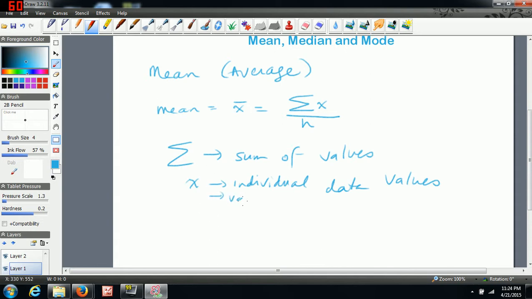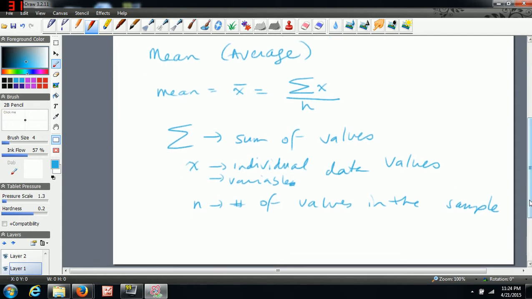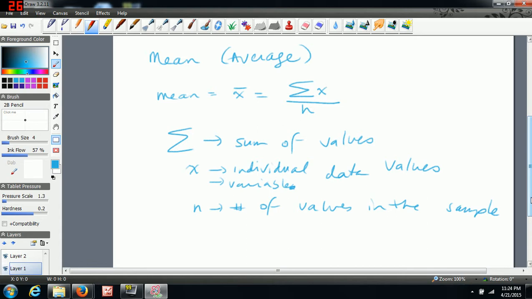We can also call it variable. And then n is the number of values in the sample. So that's basically how the formula works. The individual data values are x, so those are all your values, and then n is the total number of values that you have, and x bar just represents the mean, okay?